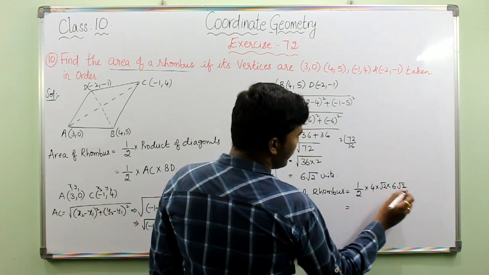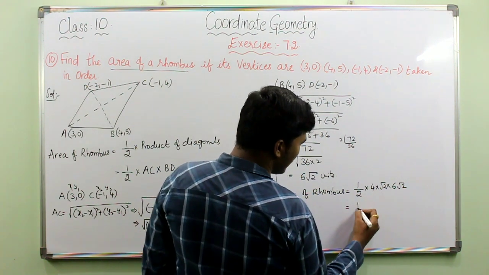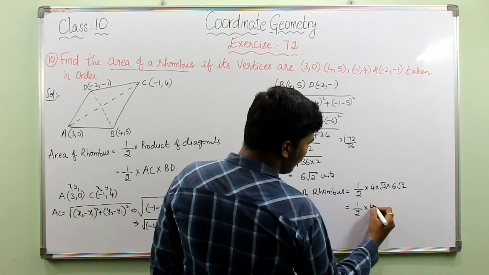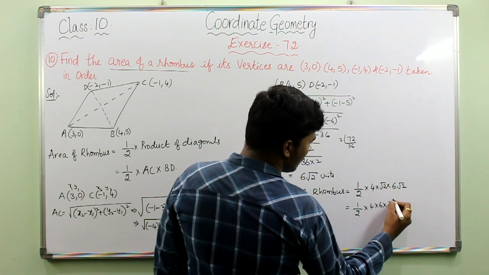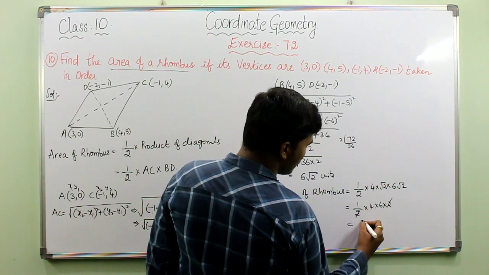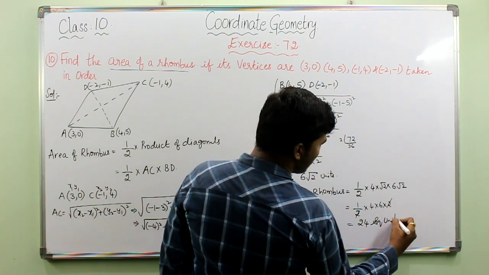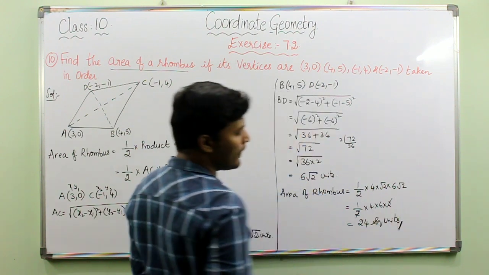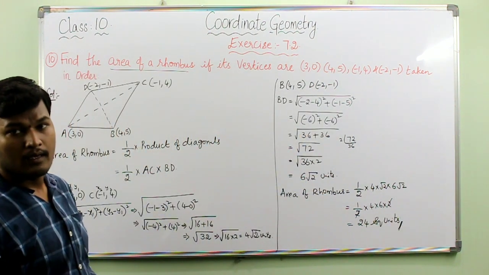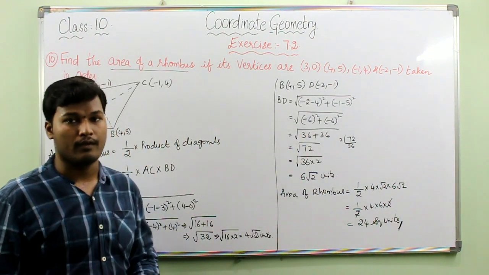Root 2 into root 2 will become 2, that is 1 by 2 into 4 into 6 into 2. So the 2s get cancelled. 6 fours are 24. As it is area, the units are 24 square units. This is how we find the area of a rhombus.